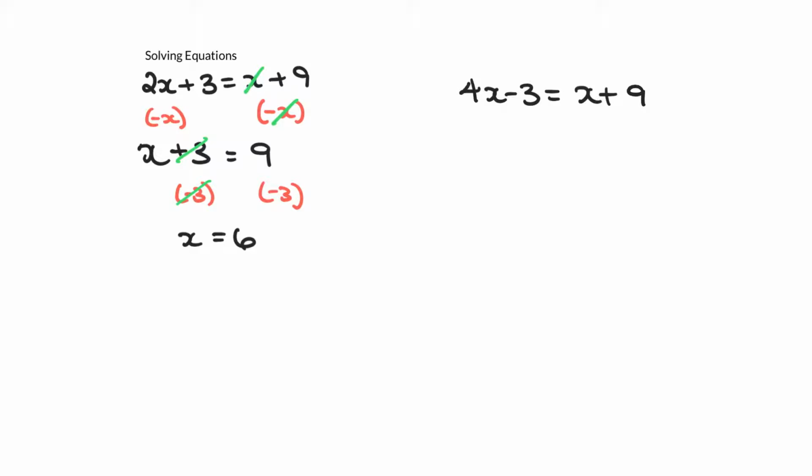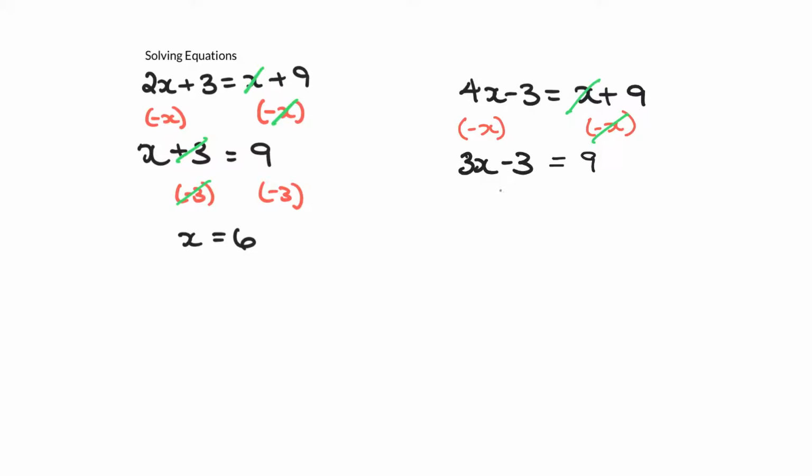Again, because it's positive, I'll subtract it. And keeping things balanced, we do that to both sides. So on the right-hand side, that's going to cancel, leaving me with 9. On the left-hand side, 4x, take away an x, well, that will leave me with 3x, and I still have the minus 3.